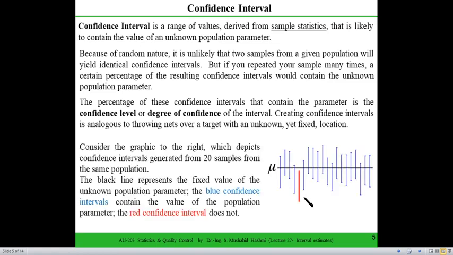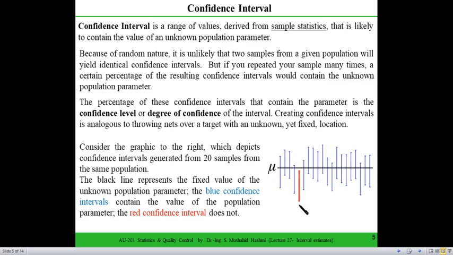For example, in this plot, confidence intervals have been plotted as interval plots, and you can see that out of 21, one is the red one, whose lower limit and upper limit do not contain the true mean. This black line represents the true mean, and these blue lines are your confidence intervals.